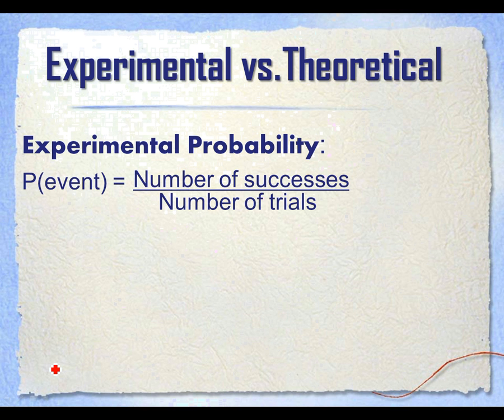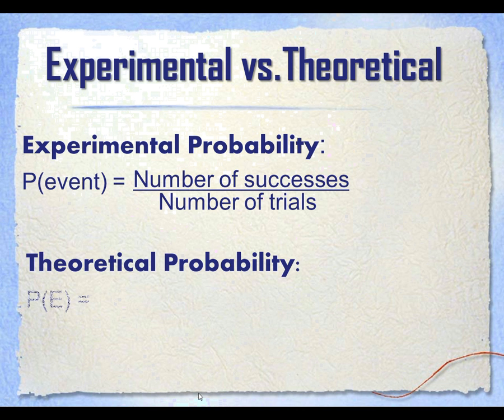You flip the coin 10 times and maybe you get 8 heads out of 10. That's not likely to happen, but that's incredible. You got 8 out of 10 heads. So you would put 8 on top, number of successes, and number of trials would be 10. So 8/10 reduces to 4/5.